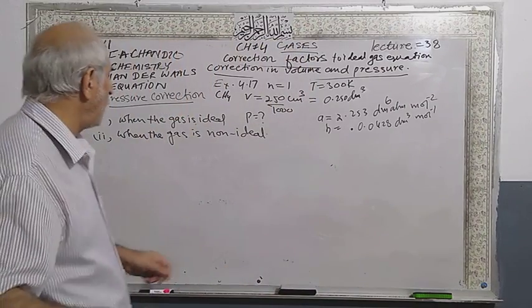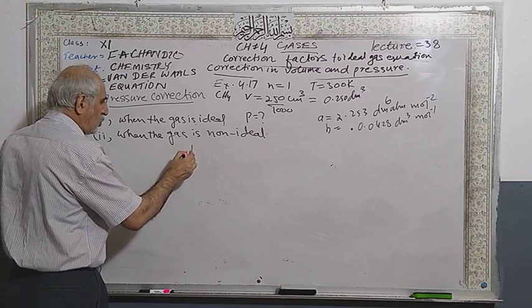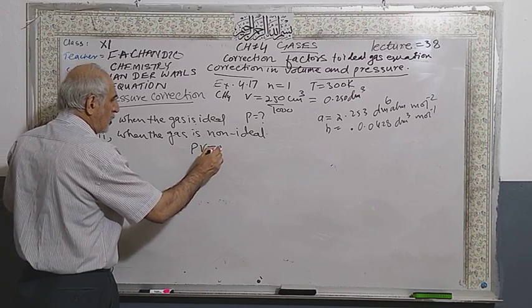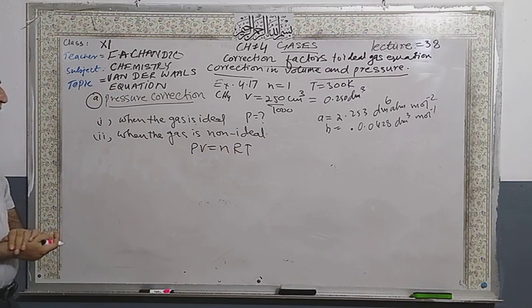So these are the values you have. When the gas is ideal, you have to use the formula PV is equal to nRT. This is called the ideal gas equation, the general gas equation.